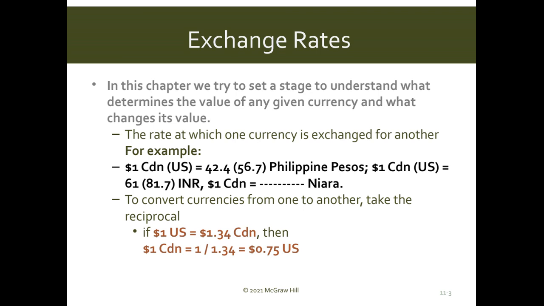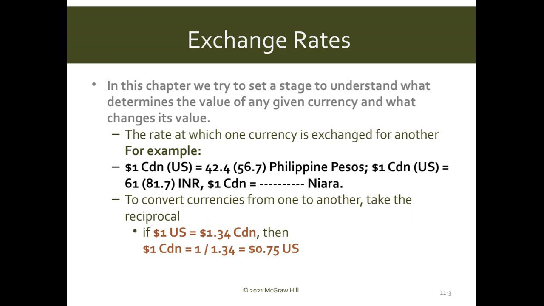Now, if I want to see the exchange rate of these different currencies in terms of Canadian dollar, that is, if I want to see one peso equal to how many Canadian dollars or cents, or one Indian rupee equal to how many Canadian dollars, or one Nigerian naira equal to how many Canadian dollars, what we need to do is just to take the reciprocal. How? Let's take this example at the end of this slide.